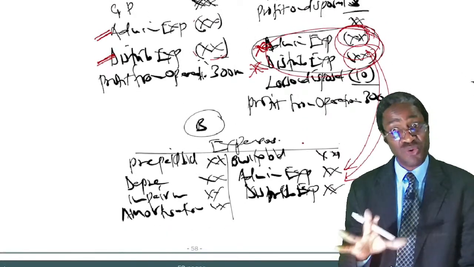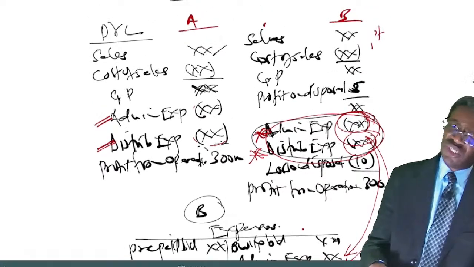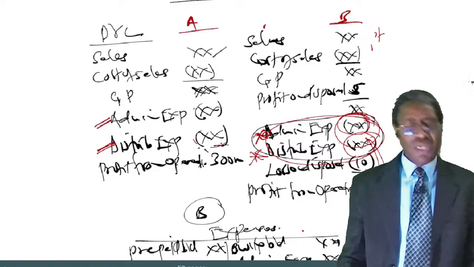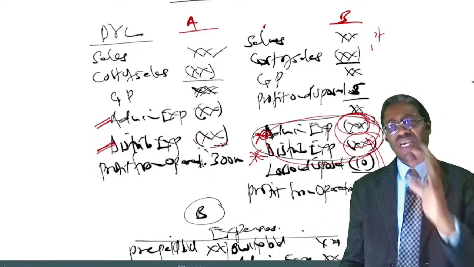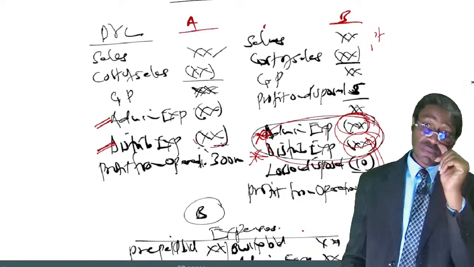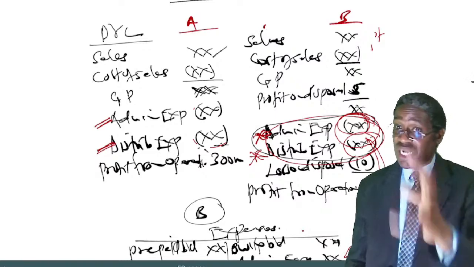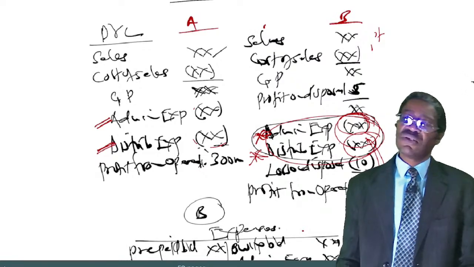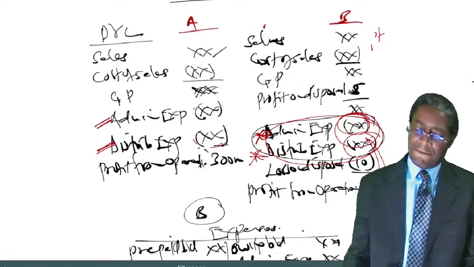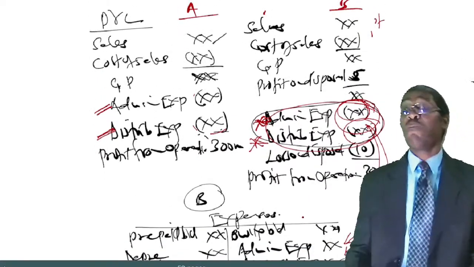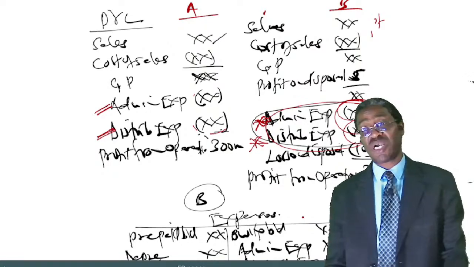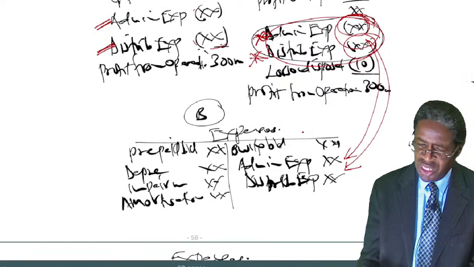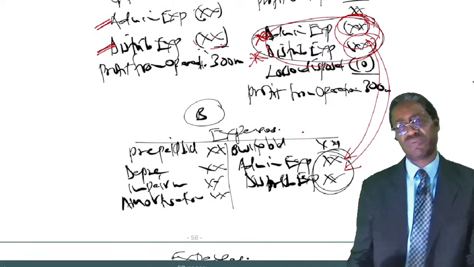Listen, we are not through yet. When we look at these two income statements for the same company, accountant number B has shown us that the company made a gain on disposal of 5 million. Is it a non-cash item? Yes. Now, again, when I'm preparing the cash flow for accountant number B, and I prepare this expense account for him, I will ask myself, that gain on disposal, is it affecting what I'm looking for?